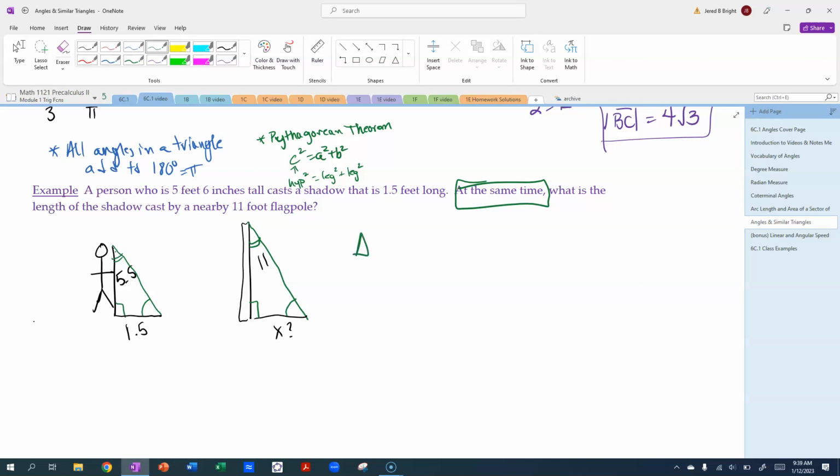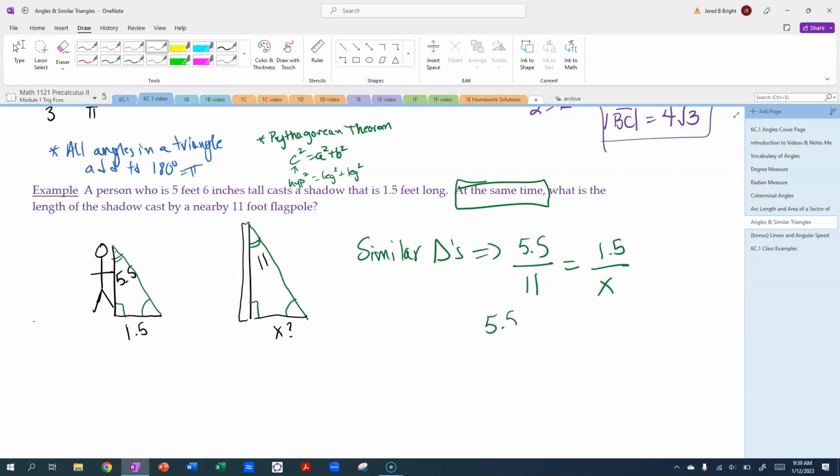So by similar triangles, I can say that these things are in proportion. So 5.5, that height, corresponds to a side length of 11 in the big triangle, just as a side length of 1.5 is to x. Now I can use cross products.